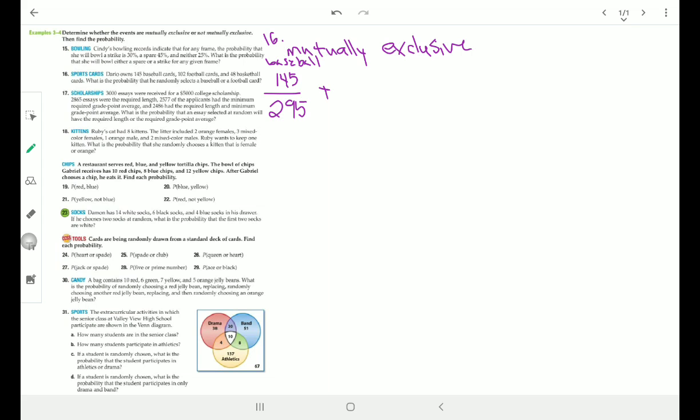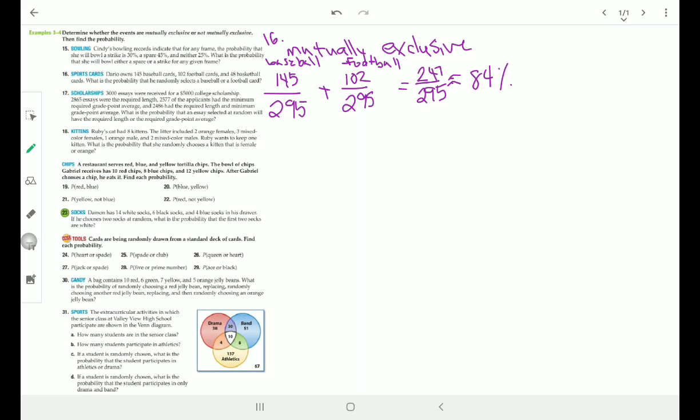And then for football, there are 102 football cards out of a total of 295. And now if I add those two probabilities together, I will get 247 out of 295. And if I simplify that or put it into a percentage, that's about 84%, roughly, okay?